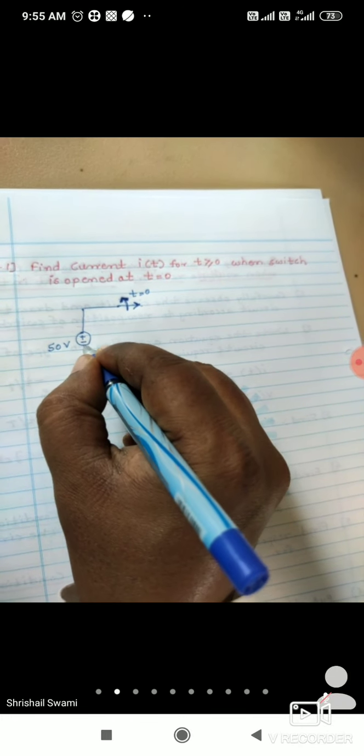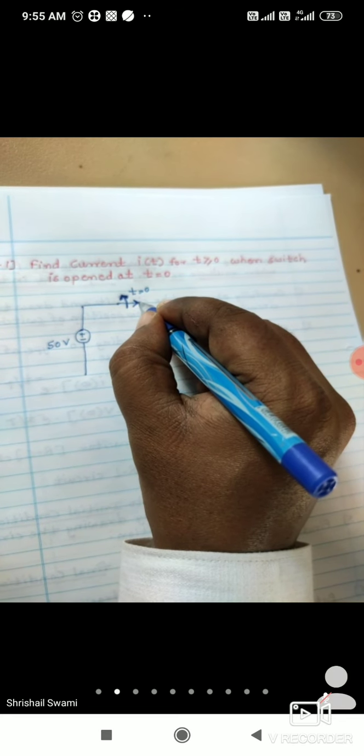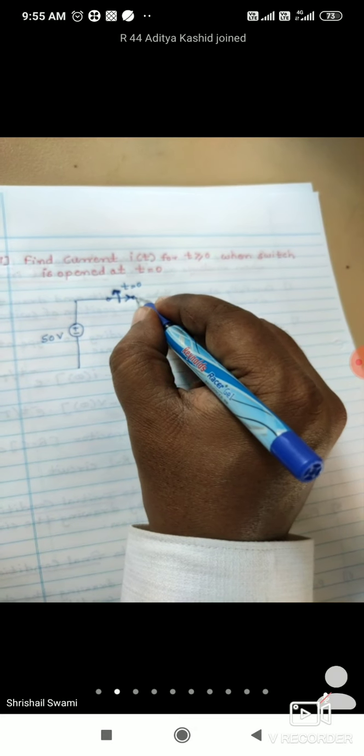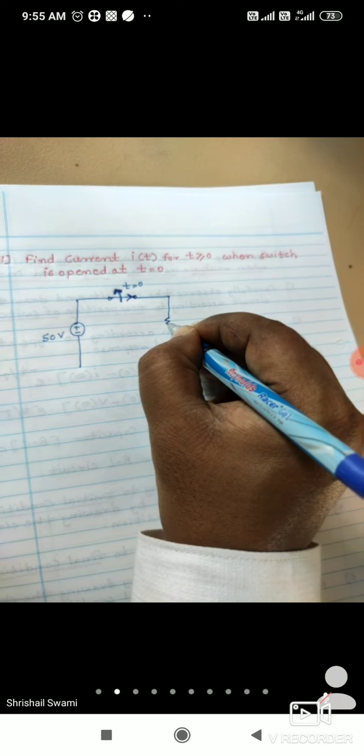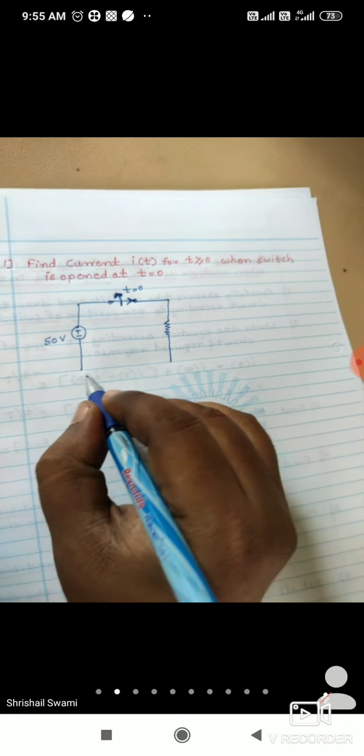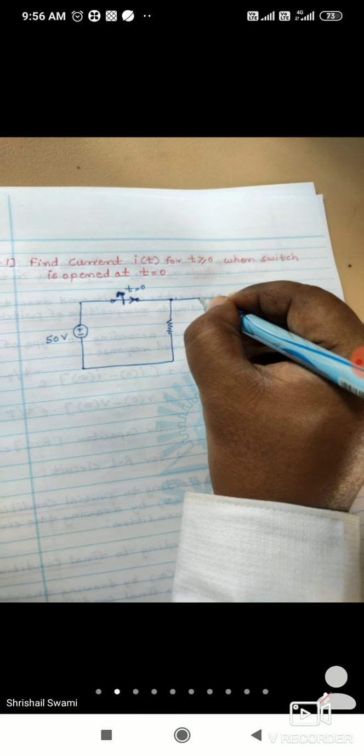But sometimes they will ask the switch is opened at t is equal to 0. So don't confuse between these two different points. Carefully read the question and carefully observe the diagram, and then you can start to solve. First note down what is given and what is asked.